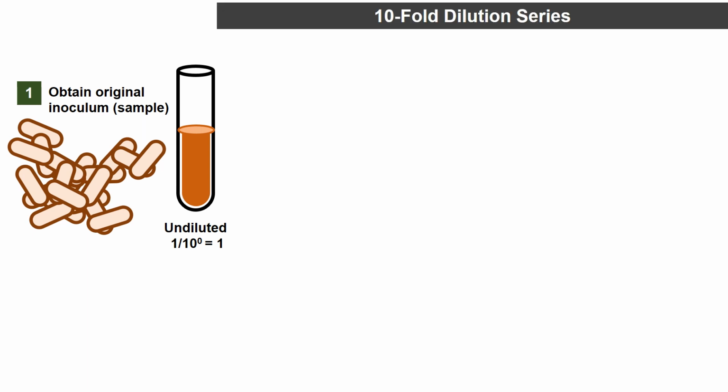So let's do that. On the right here, the rest of the slide, all this white space, is going to be devoted to making 10-fold dilutions. Underneath this gray bar, you're going to see a 10-fold dilution series come to life.